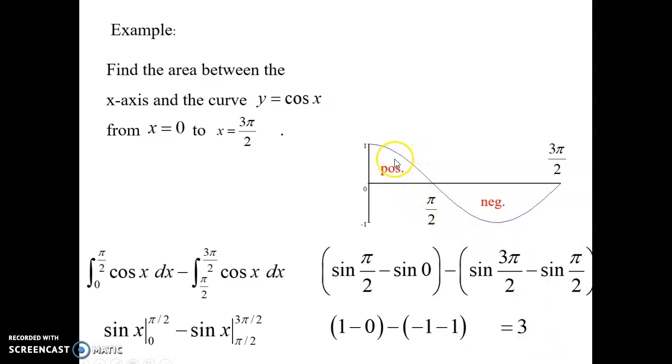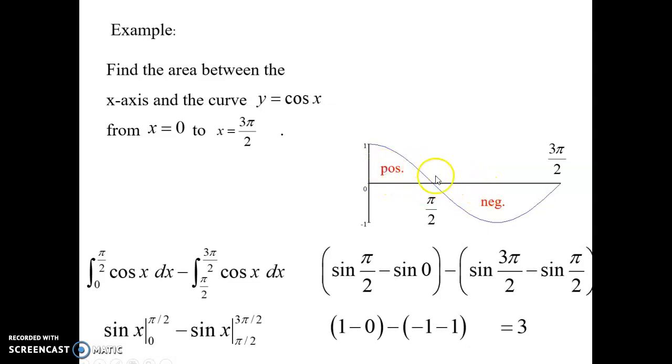Now, if you notice, if I took just the integral from 0 to pi on 2, which is this portion of the problem, this area right here is a positive 1. And if you think about it with symmetry, if I divide this bottom little bowl portion of the cosine curve in half, say I divided it by drawing a line right down here through the middle, notice this portion and this portion are going to cancel each other out.